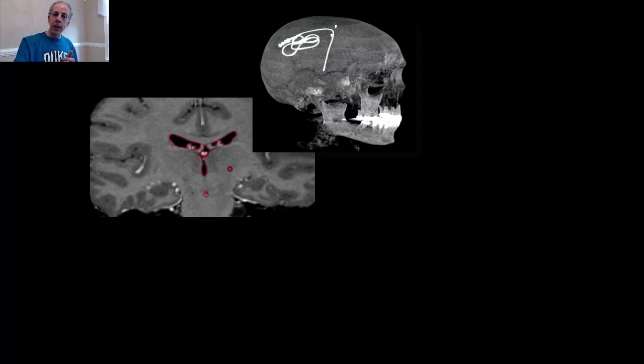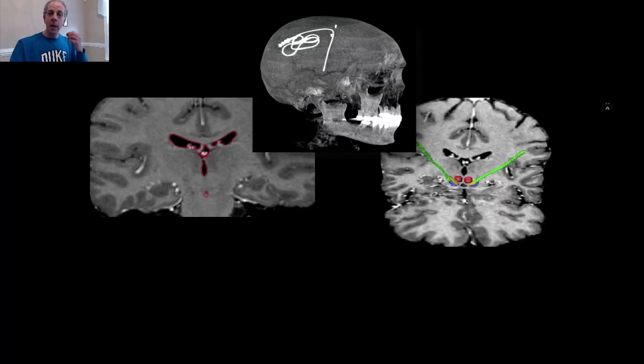We have segmentations of the regions, and then the neurosurgeon can see, after surgery, was I in the right place? As I say, the subject is awake and giving feedback to the neurosurgeon. For example, if it's a surgery for Parkinson's, you can experiment with different behaviors to see if they improve with the position of the electrode.